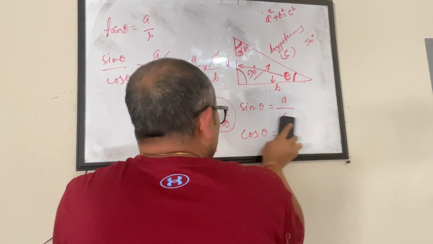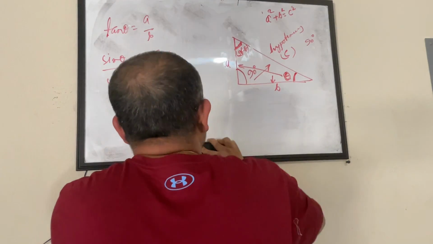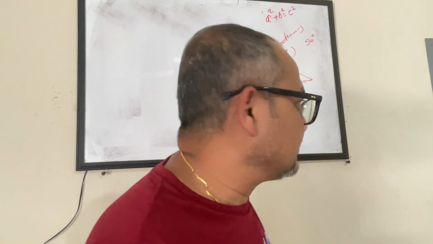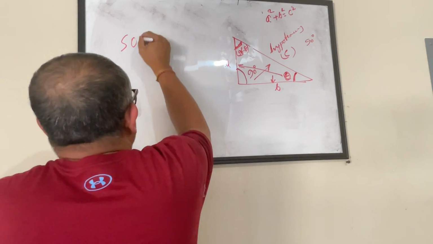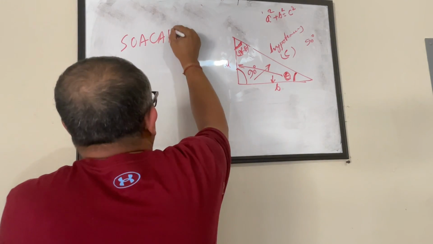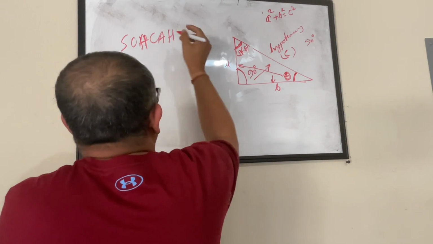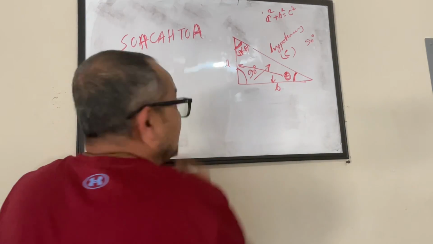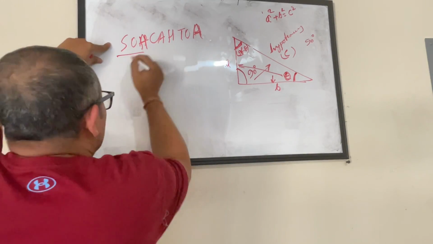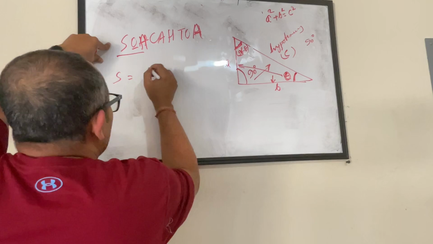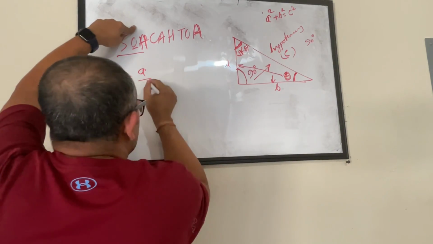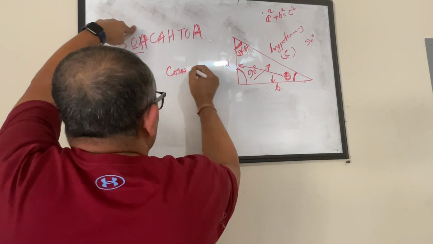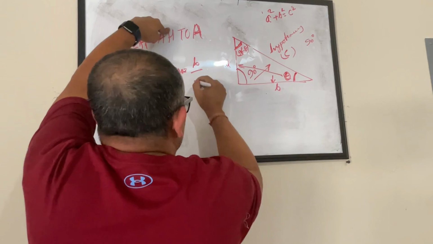Now let's go to the next level of understanding. So far we have learned what is sine theta, what is cos theta, what is tan theta. There is a shortcut for that. They call it SOHCAHTOA. This stands for sine theta is opposite side A by hypotenuse C. Cos theta is adjacent side, that is B, divided by hypotenuse.